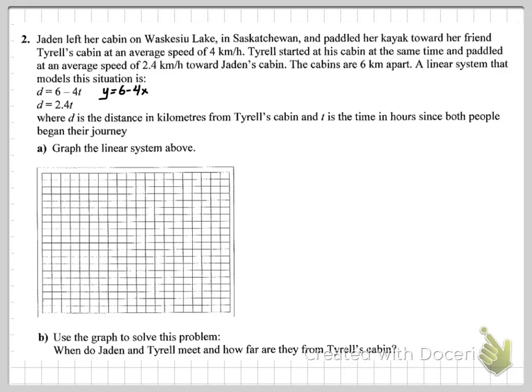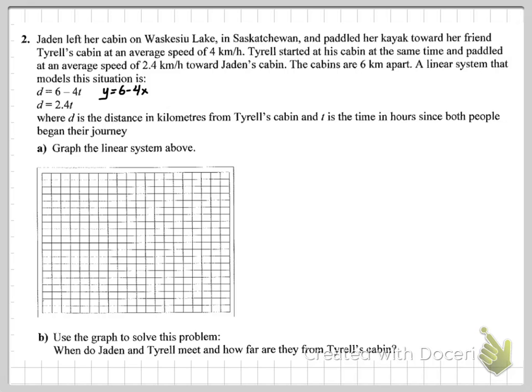In the second one, it says Jayden left her cabin on Waskesiu Lake in Saskatchewan and paddled her kayak towards her friend Tyrell's cabin at an average speed of 4 kilometers an hour. Tyrell started at his cabin at the same time and paddled at an average of 2.4 kilometers per hour towards Jayden's cabin.